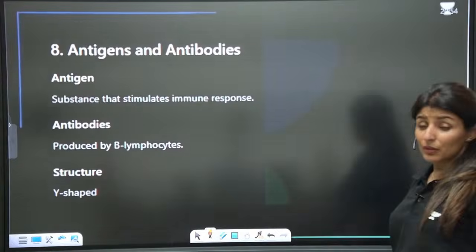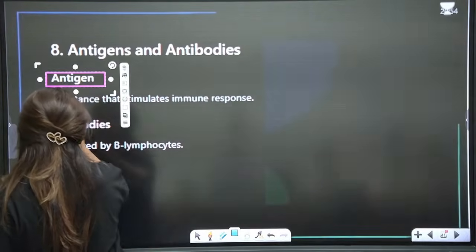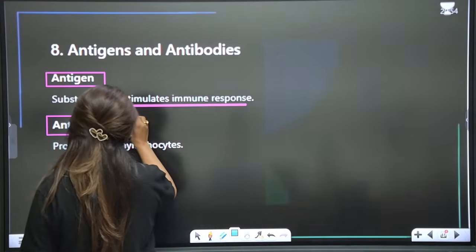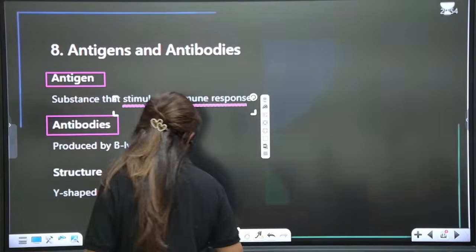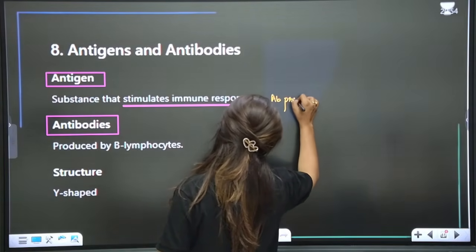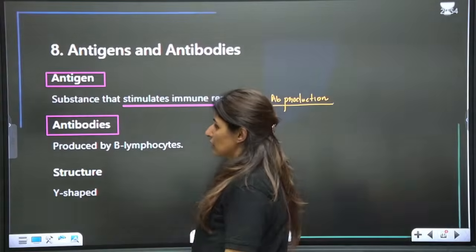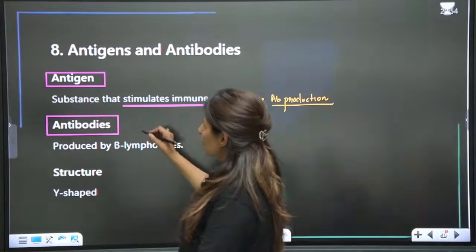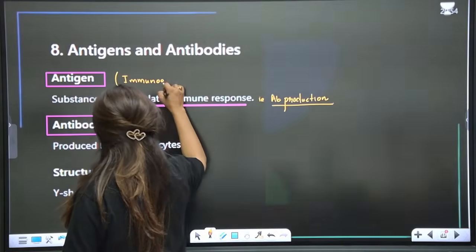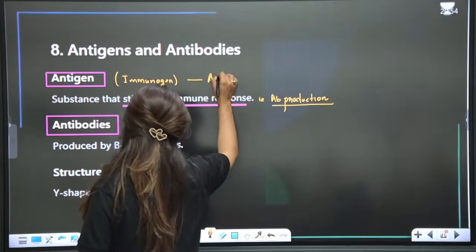Right? Then talking about antigens and antibodies. So guys, an antigen is anything that can stimulate antibody production. Whatever can stimulate the immune response, that is antibody production, will be regarded as an antigen. Is that clear? We also call it immunogen. It is abbreviated as AG.